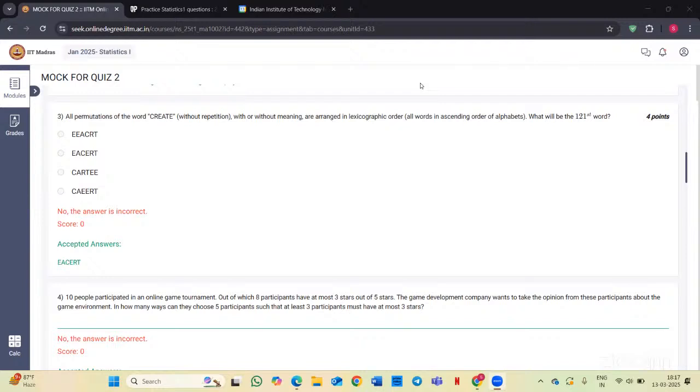Out of the 10 participants, they have to choose 5 such that at least 3 participants must have at most 3 stars. So out of the 5 participants, we should have at least 3 participants, the third, fourth, and fifth, with at most 3 stars, and the rest of the participants should have at least 3 stars. So these are the cases that you have to consider.